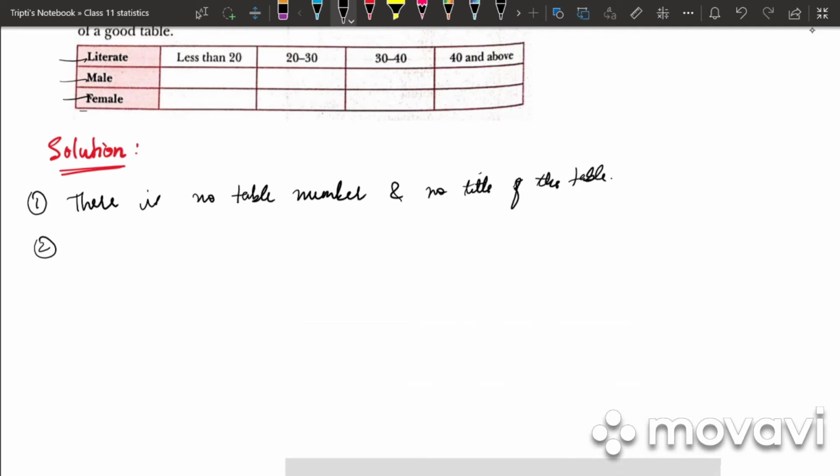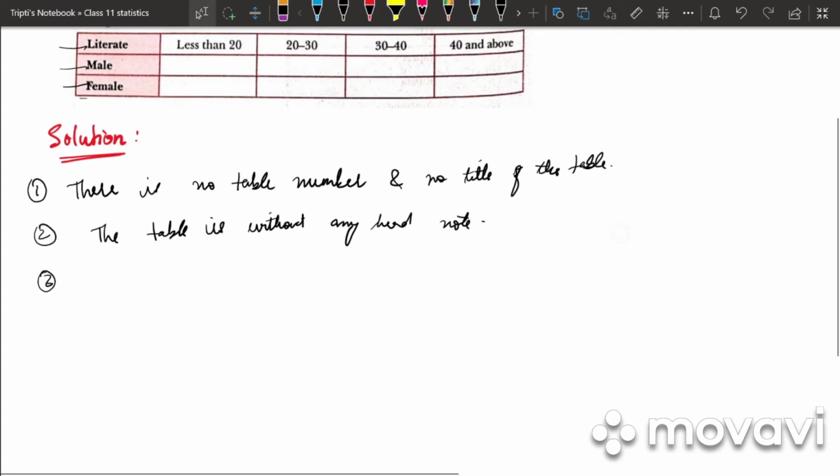So the next mistake is the table is without any head note. So next is whether the captions or the subheadings are being entered properly. No, there should be one column in which there is. So in this, the subheadings and captions have not been entered properly.